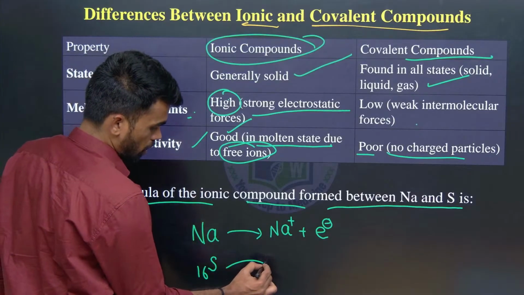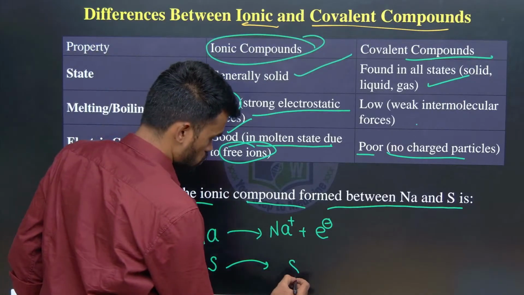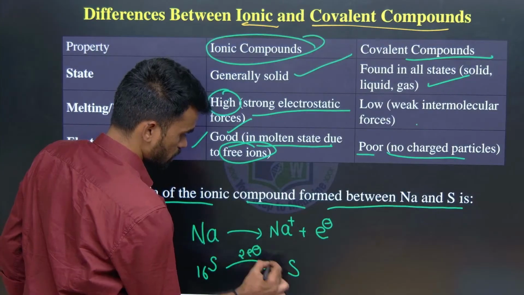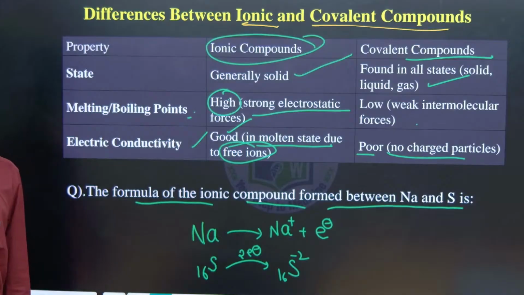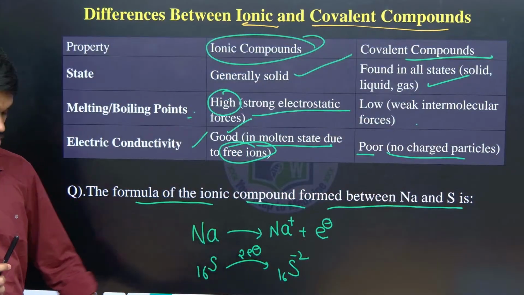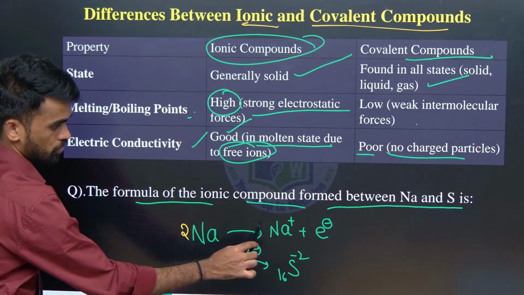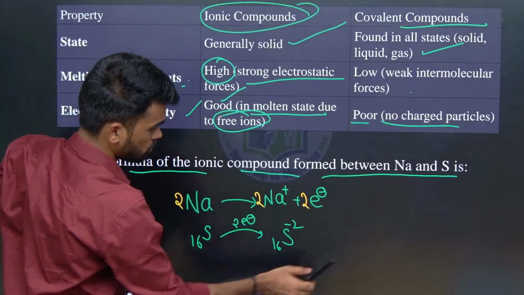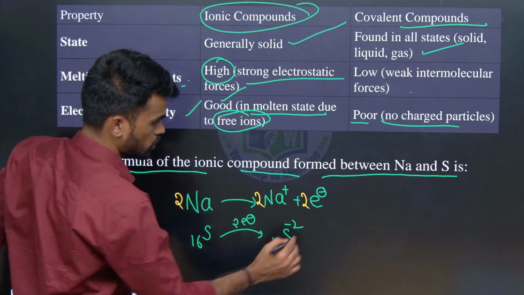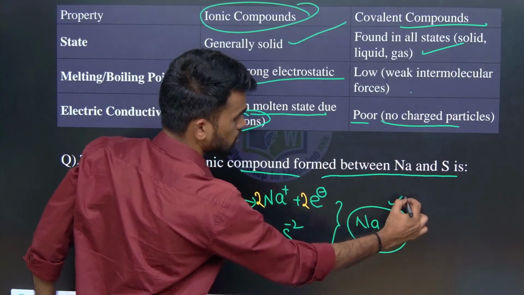In order to fulfill its octet, how many are required? 2 more are required, so it becomes atomic number 16 with a -2 charge, 18 electrons. Now in order to gain these 2 electrons, I can take 2 sodium. So what is the resulting compound? Na2S. Yes, that's it.